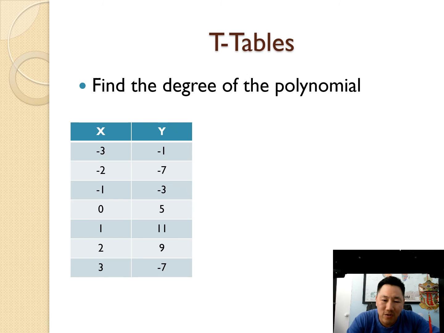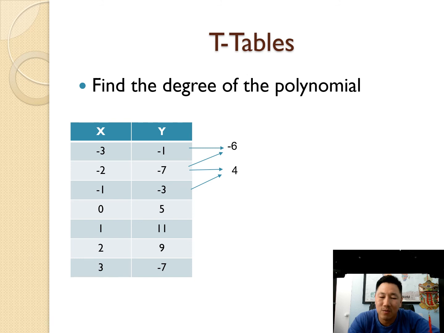Okay, once the x's are in order, let's analyze the y's. We're going to look at the first 2 y's and we're going to subtract. We're going to take their difference. -7 minus a -1. All right, and that should give you -6. And then we're going to continue that whole process. -3 minus a -7, and that gives us 4.